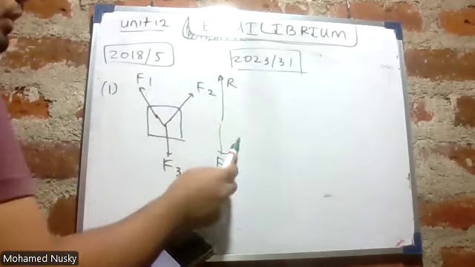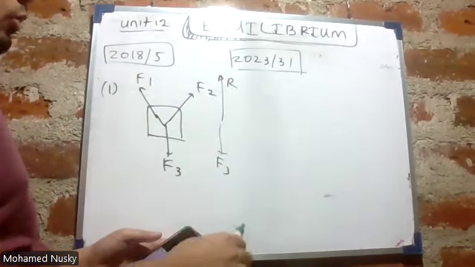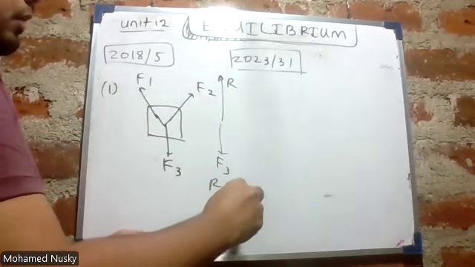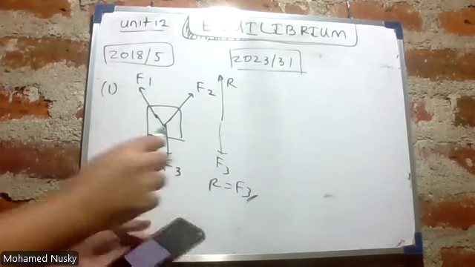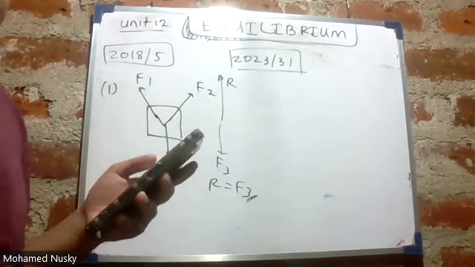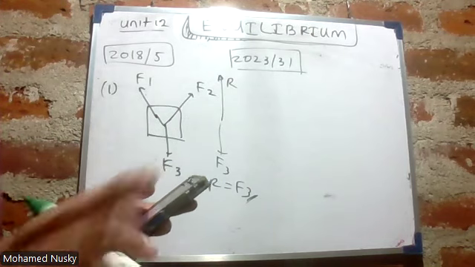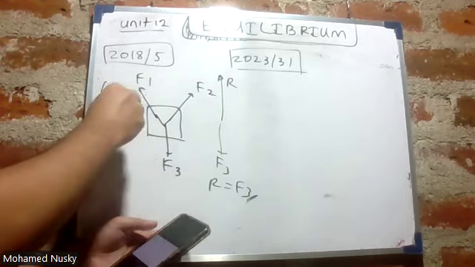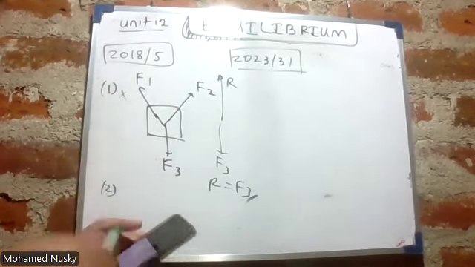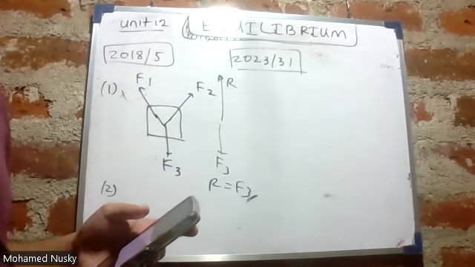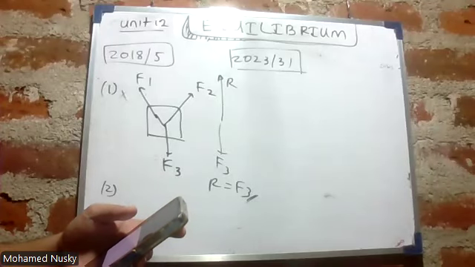Resultant of F1 and F2 in the upward direction, F3 in the downward direction. Resultant should be in the upward direction. And R should be equal to F3. This is what it is. But it is said the resultant force of two forces should be in the same direction as that of the remaining force. No, this is wrong. The resultant force of the three forces should be zero.